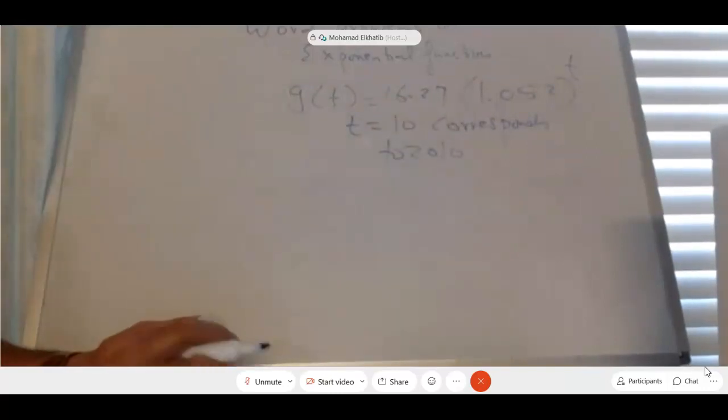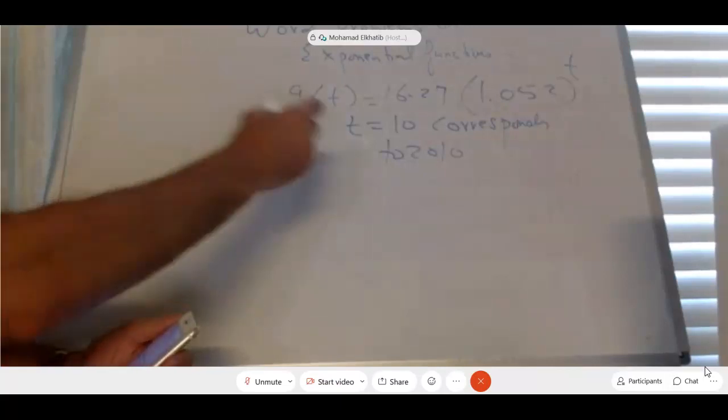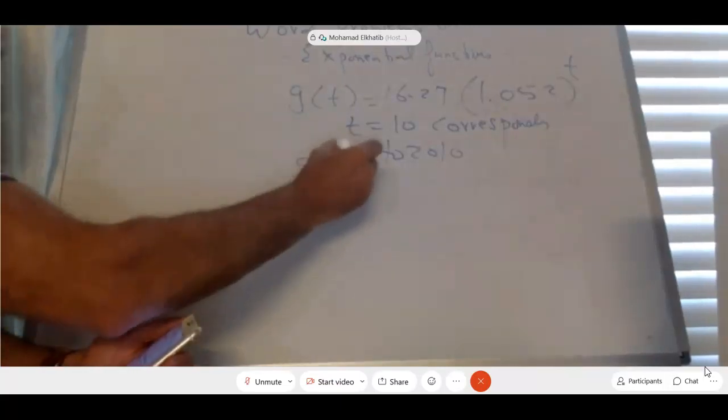That means 2000 is 0, 2001 is 1, and so forth. Okay? So this word problem is a little different. First of all, G of T is the energy produced.